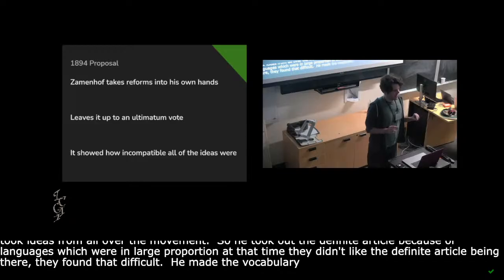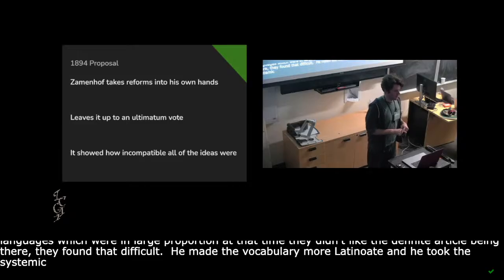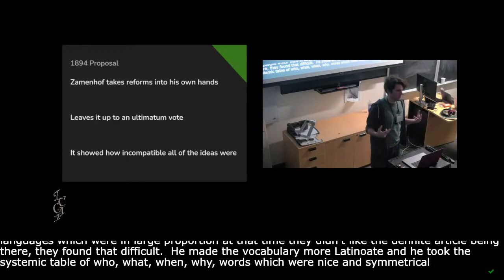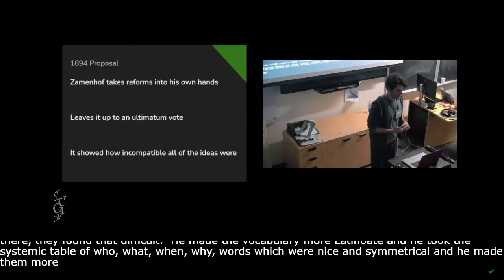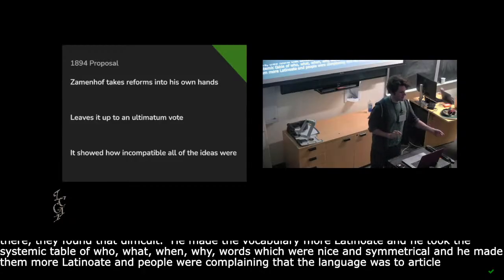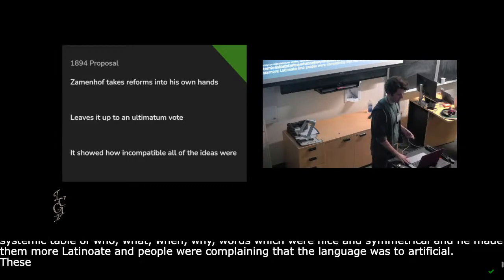And then he took the systemic table of correlatives, so the who, where, what, when, why words, which were all nice and symmetrical, and he made them more natural and more Latinate, in response to people complaining that the language was too artificial. And then he did a bunch of other things that got rid of the accusative that people didn't like. But all of these things were things that somebody didn't like, but they weren't all things that most people didn't like. So it was not super compatible.